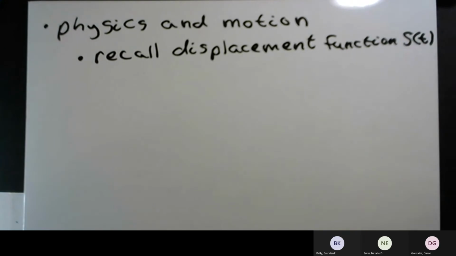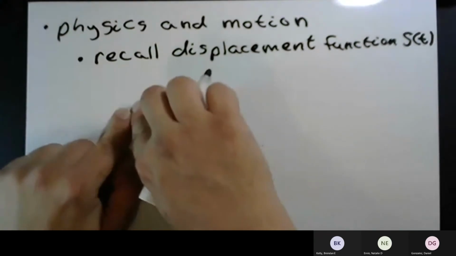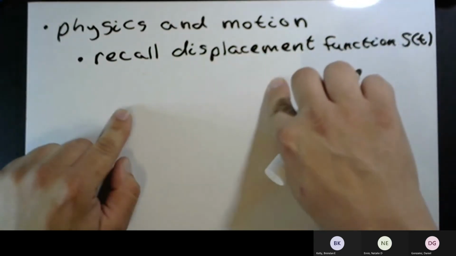S of t. Now, displacement is distance that you've traveled, or some distance really that you are from point A to point B. It's really displacement. Like you start here, then you're here at a certain time.